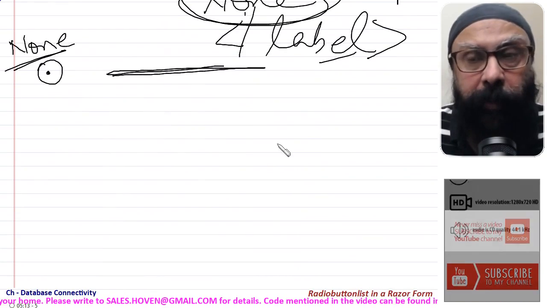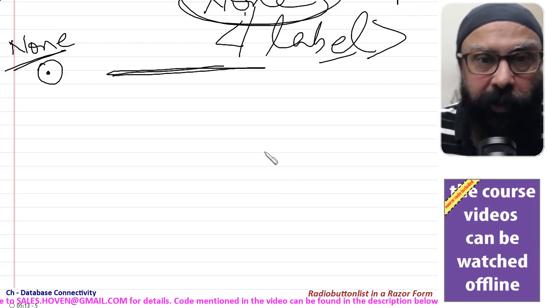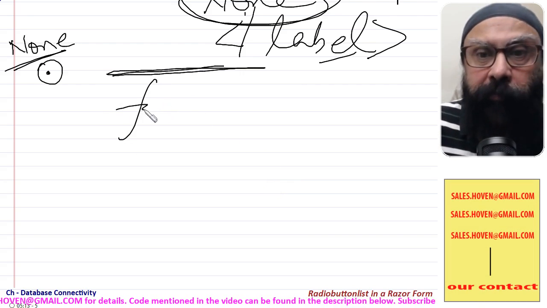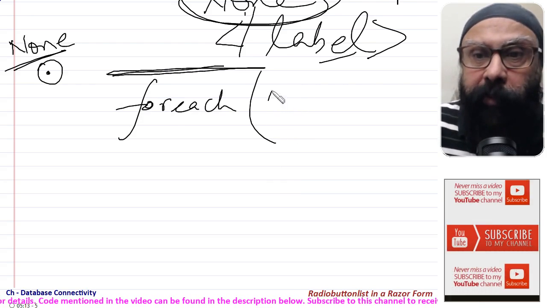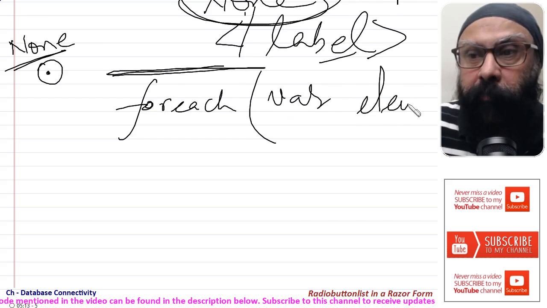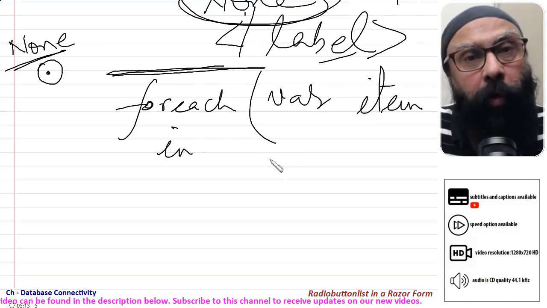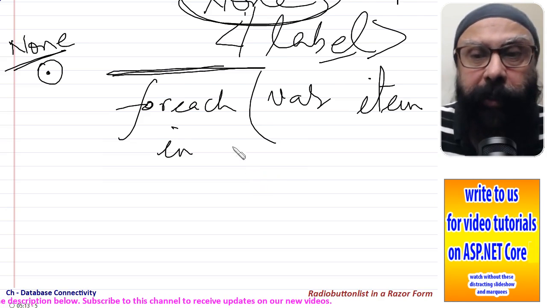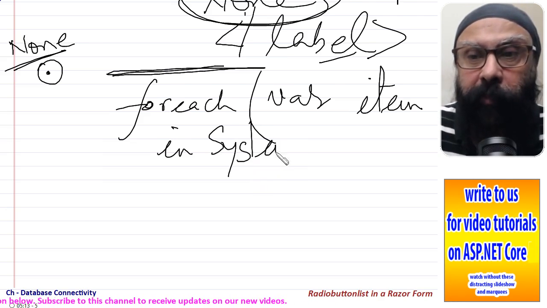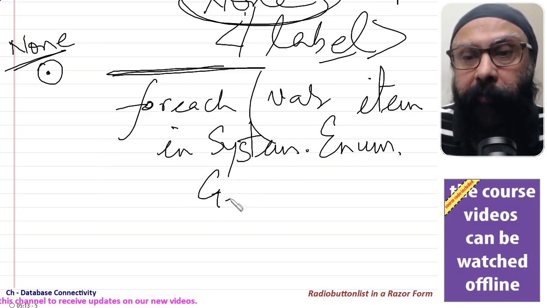Now with this in place, let us see how we can obtain our items from the enumeration. For that we will run a foreach loop around our enumeration. So what we will say, foreach item in, and how do you get all the elements or the collection of enumeration items? For that, we have System.Enum.GetValues.